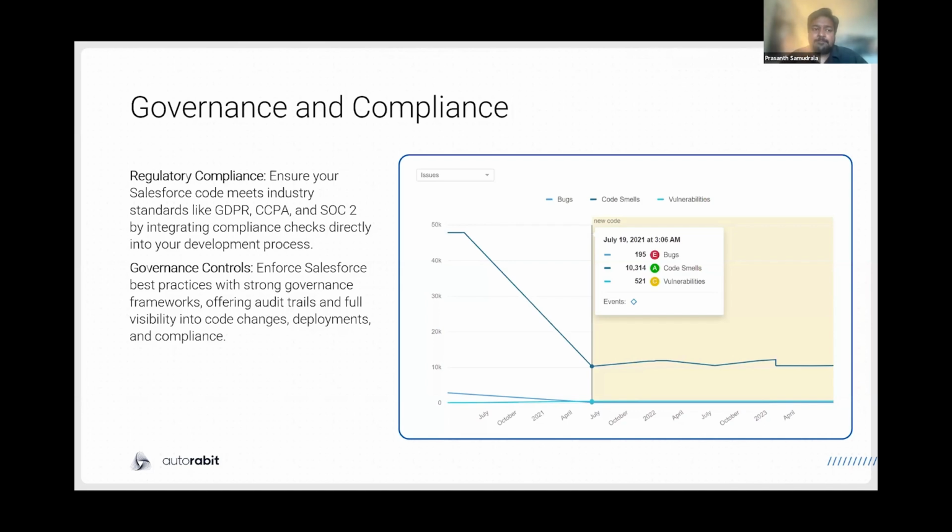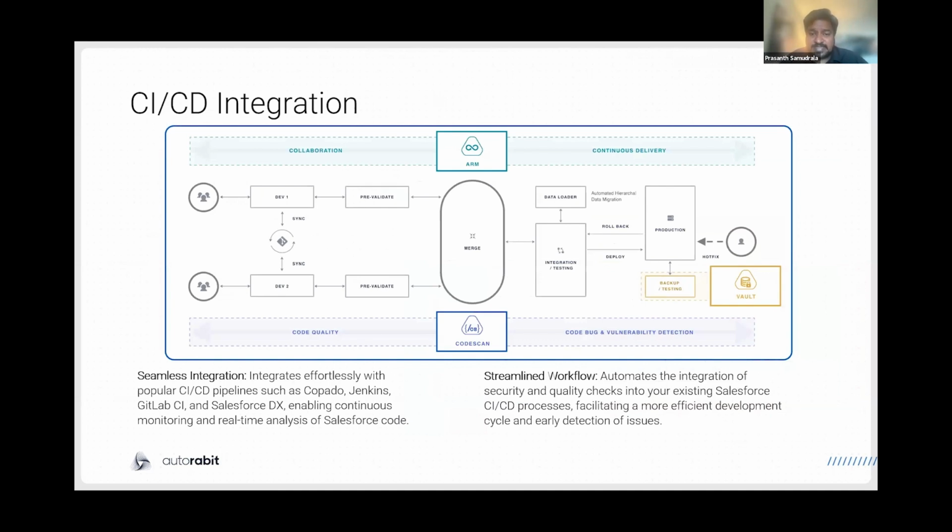The next step, Josh, next slide, please, is to have a CI/CD integration. For CI/CD integration, you can effortlessly use any of the CI/CD tools out there, including Jenkins, GitLab, Salesforce DX, AutoRABIT, ARM, and so on.